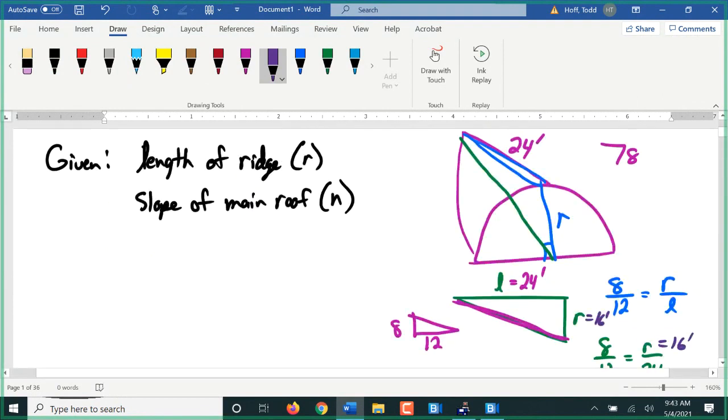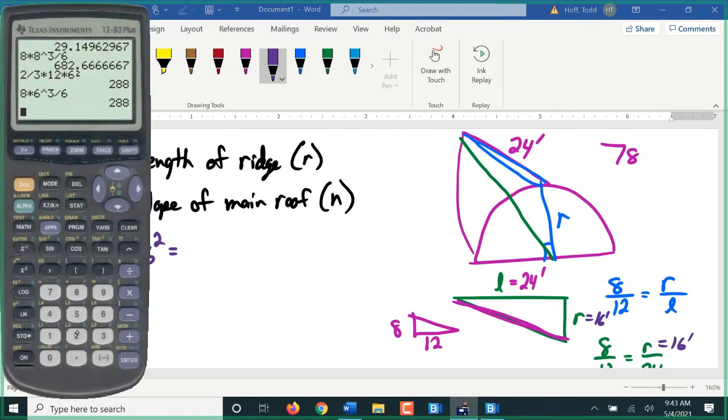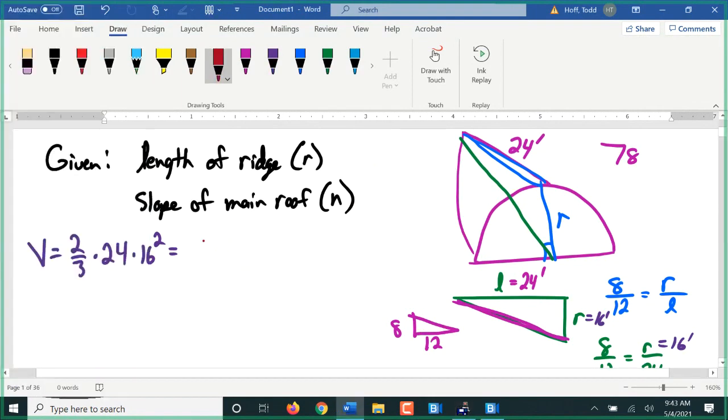So I can find my volume one of two ways. I can use the radius and the length of the ridge, so that'd be 2/3 times the length of the ridge times the radius squared. 2 divided by 3 times 24 times 16 squared is 4,096 cubic feet.